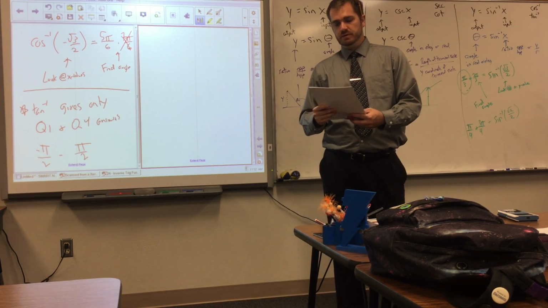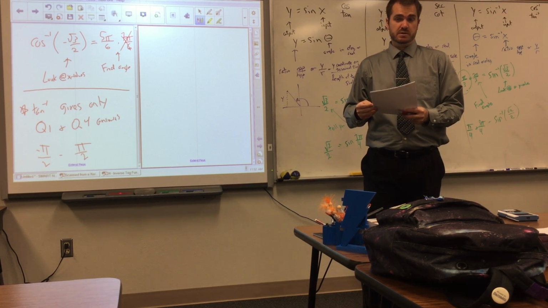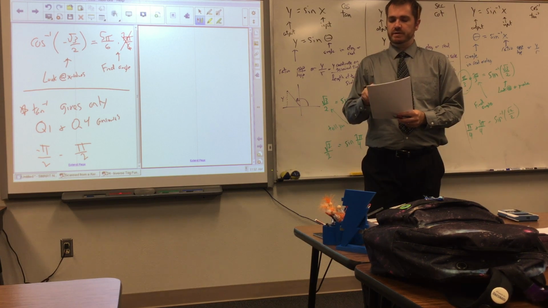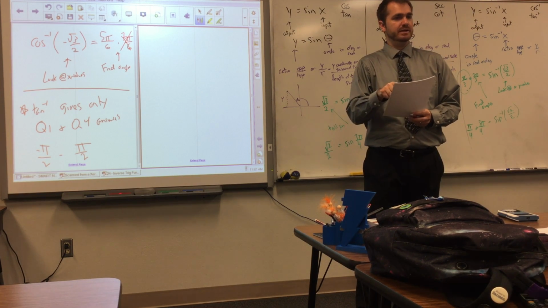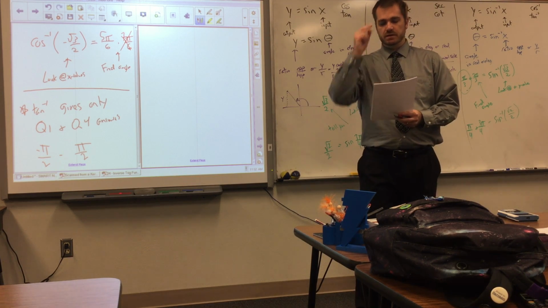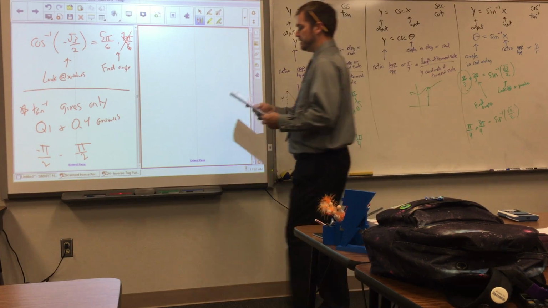Now we may need to have a little fun with this because I just gave you a new copy of your trig chart, and you don't have tangent written all around on the outside. Does anybody have tangent written around on the outside of theirs? Let's go forwards.